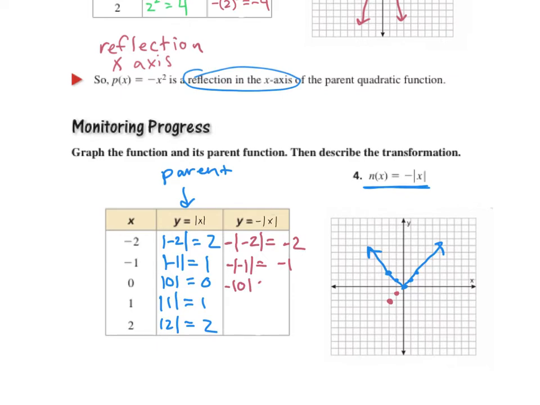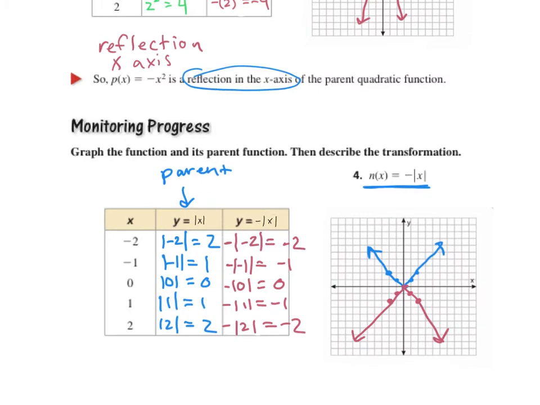Negative absolute value of 0 is 0. What's the negative absolute value of 1? -1. And the negative absolute value of 2? -2. So our graph of our function is going to be this pink line.